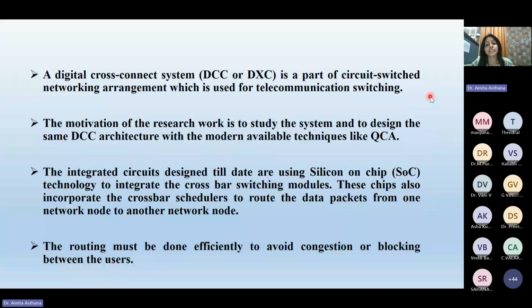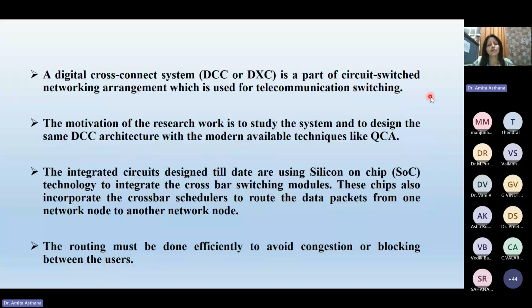Now here is a very interesting part: whatever we have designed, we are designing using a silicon on chip technology, and crossbar switch modules have been designed on the integrated circuit. Now these circuits also incorporate crossbar schedulers for proper routing of the data.